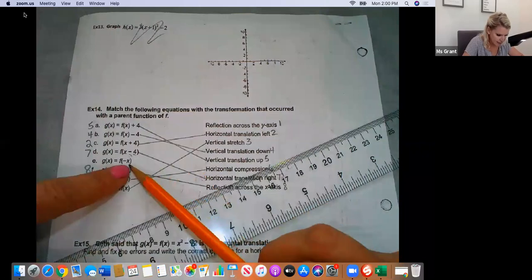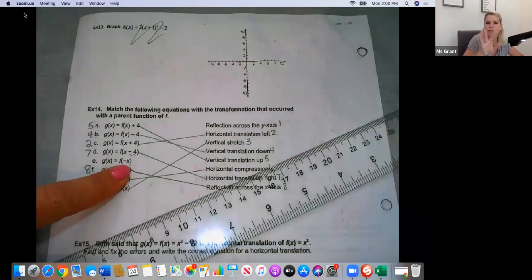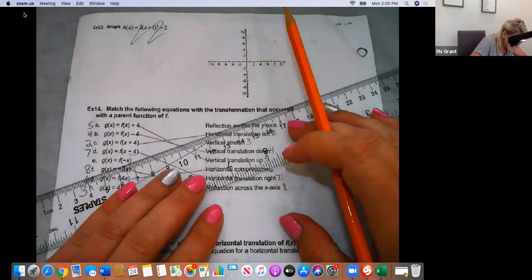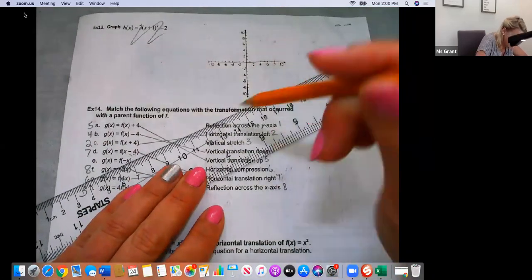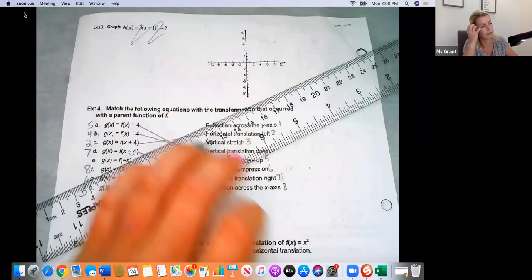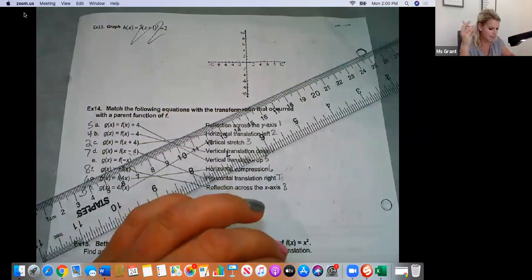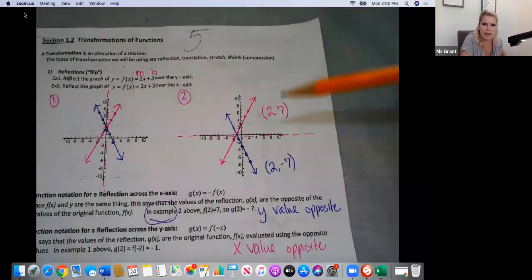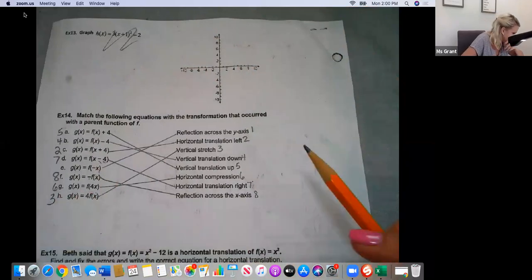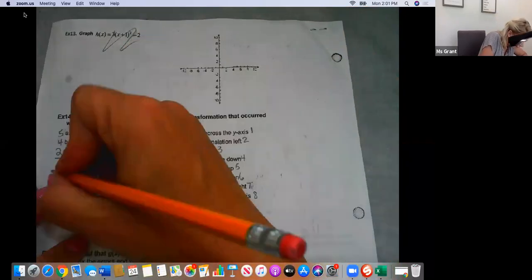This negative X is going to be a reflection across the Y axis. We actually haven't seen that yet. I've never visually shown you a function like that. I think we did one in page 1, but it was a straight line, right? I didn't have you write it in this format. So that's something we'll do in a second. Or E is number 1, sorry.